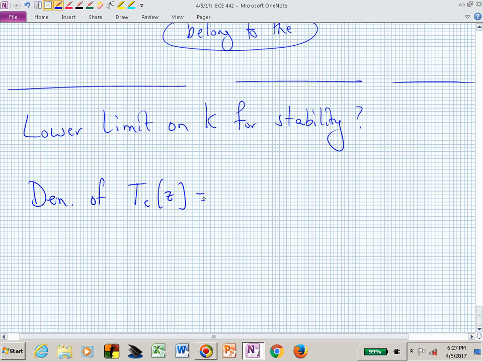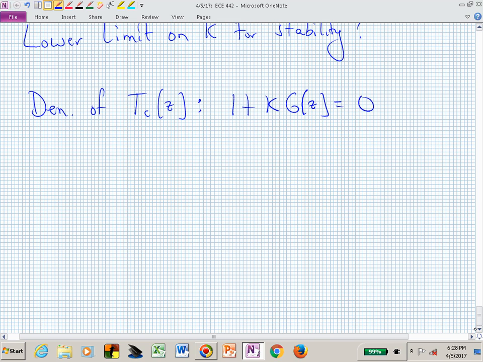T sub C of z is our closed loop transfer function, and the denominator of that is 1 plus K G of z equaling 0. And we know what G is.